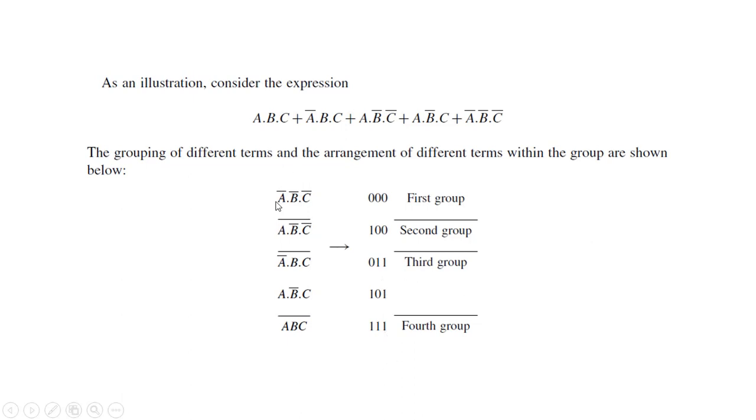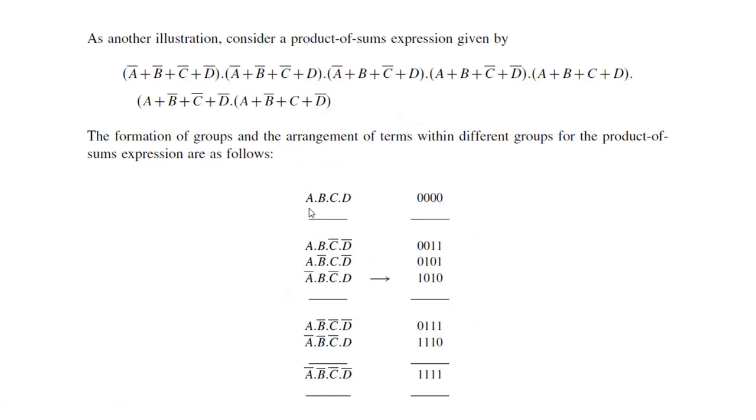And within a group also you will arrange the minterms in ascending order of their decimal equivalent. For POS, you will take A, B, C, D, that means 0, 0, 0, because in POS 0 represents true form. So this way you will form, and then you will do the grouping.